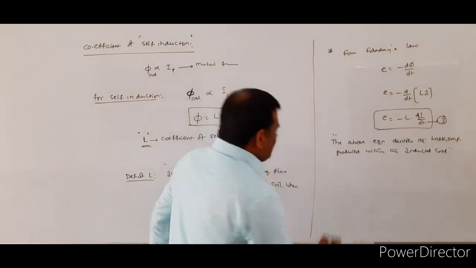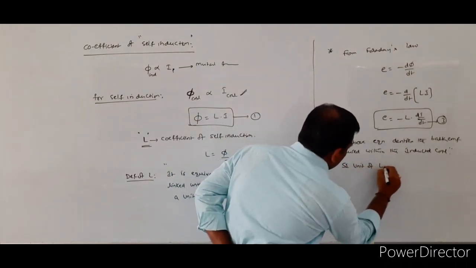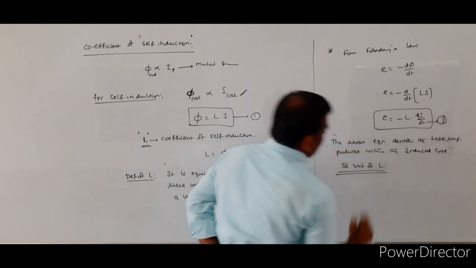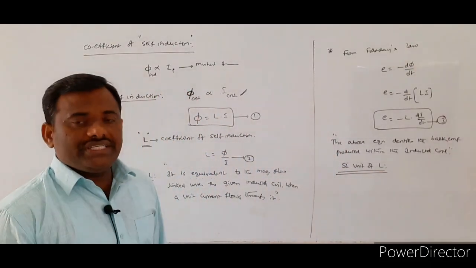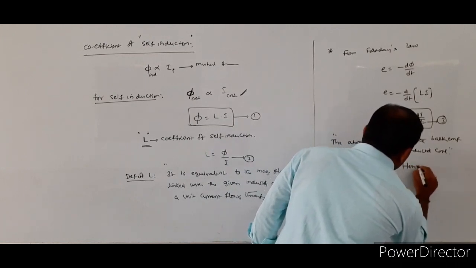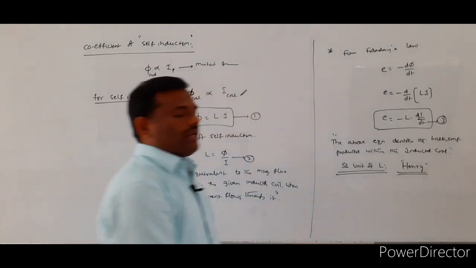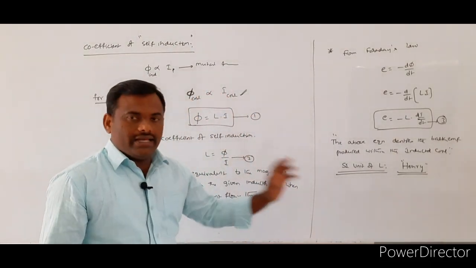Once again, what is the SI unit of the coefficient of self-induction? The SI unit is similar to that of the coefficient of mutual induction; it remains the same, that is Henry.